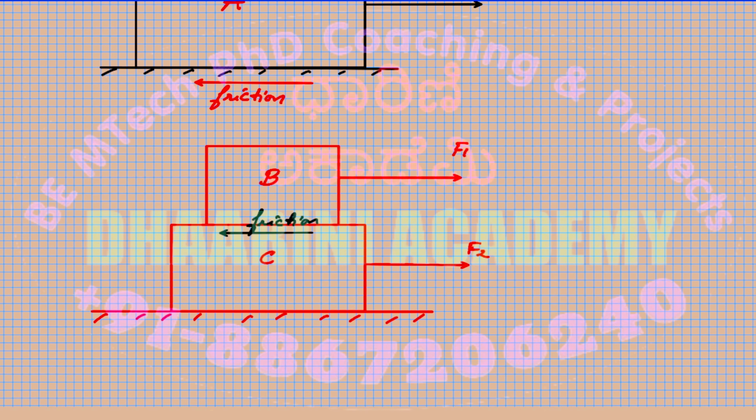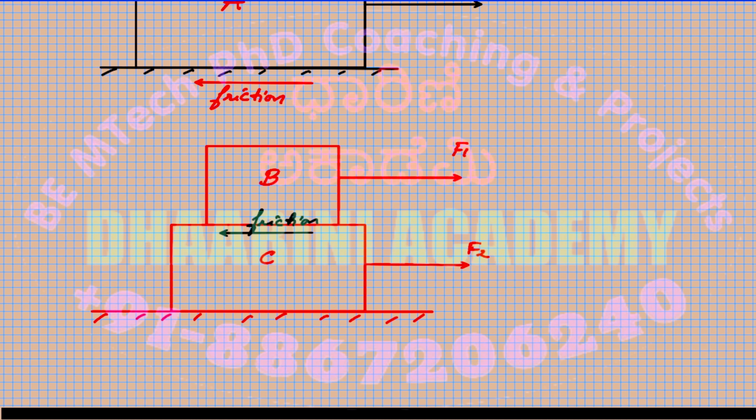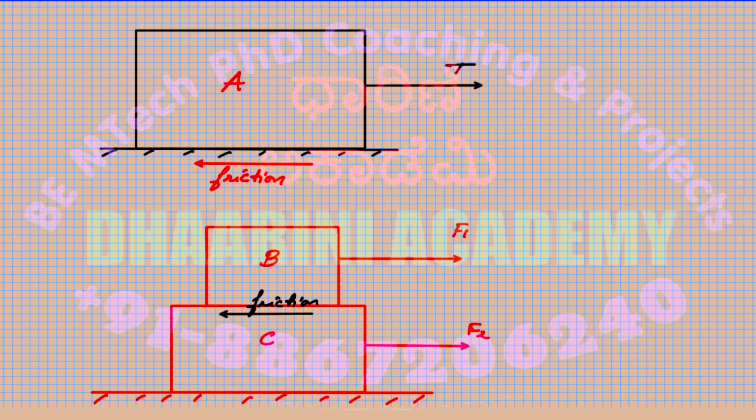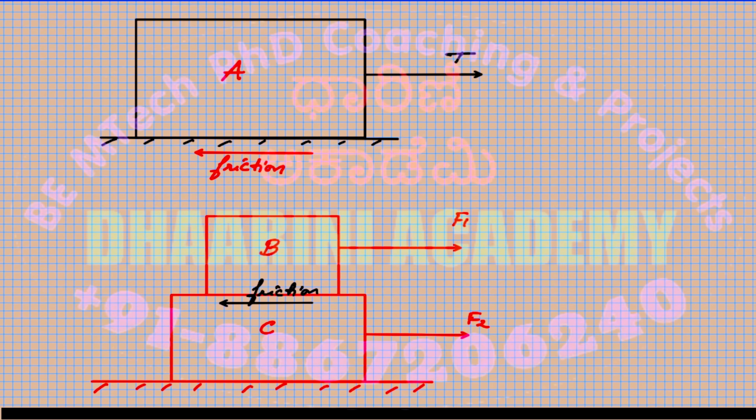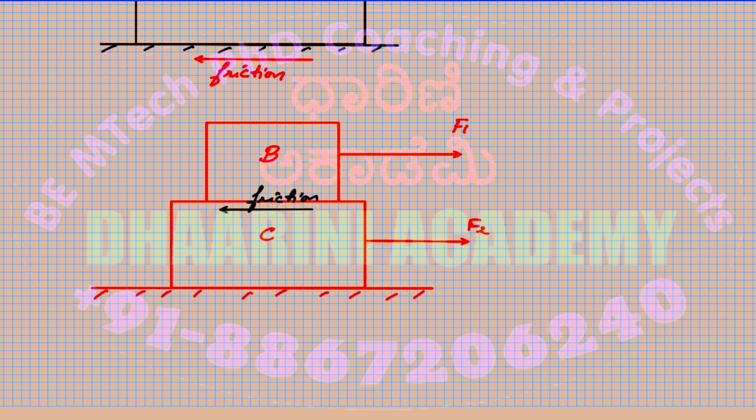The frictional force tries to make their velocities the same, so that relative velocity becomes zero. So in the first case, the friction tries to stop the object from moving. But in the second case, the friction tries to make their velocities the same so that relative velocity becomes equal to zero. So we can see two types: the first type of friction is static, the second one is kinetic.